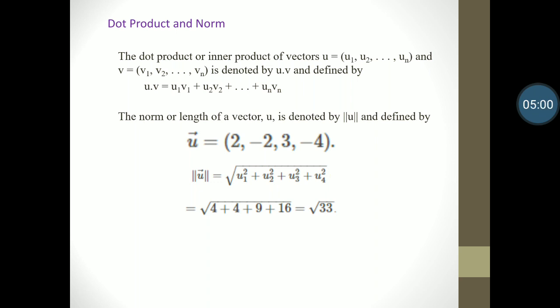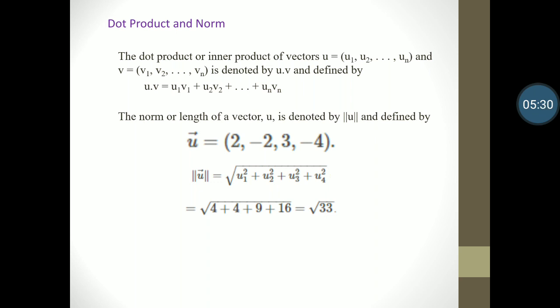For the norm of a vector, we have an example. In that example, our vector is u and its members are 2, -2, 3 and -4. For calculation of the norm, we calculate as in the example given here: under root u1 square, that is 2 square, plus u2 square plus u3 square plus u4 square.